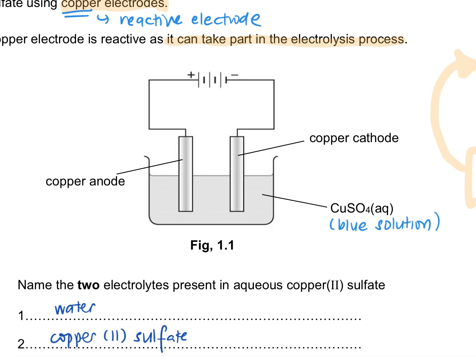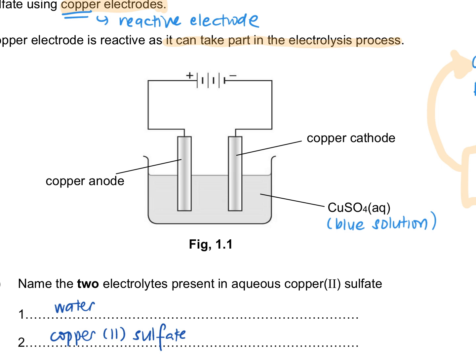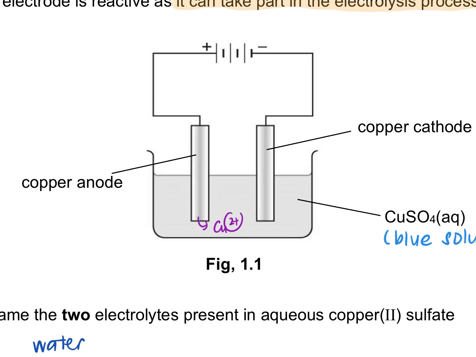Basically, if you look at this diagram, this electrode is going to take part in the reaction. So they are going to form a lot of Cu2+ ion. This one, the one in purple, is the ion that is from the anode. Just take note, this anode is going to dissolve. They are going to give you the Cu2+ ion that will be moving around the electrolyte.